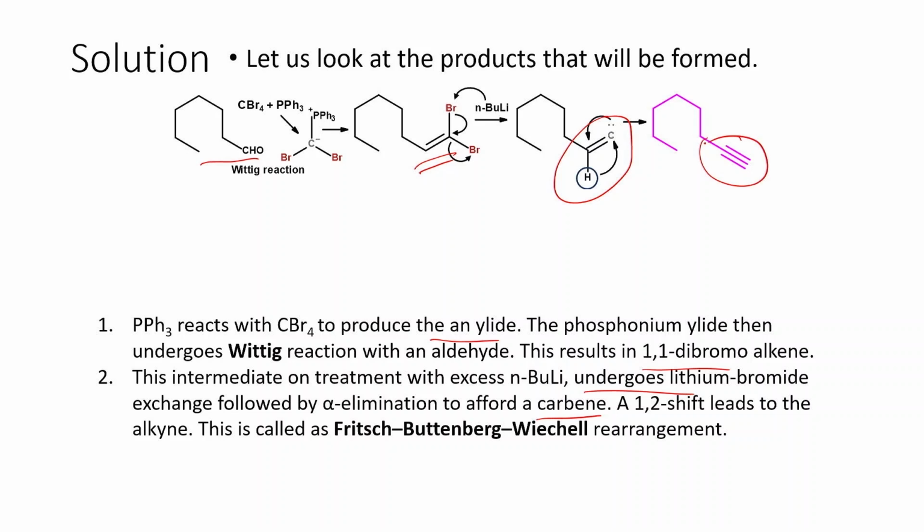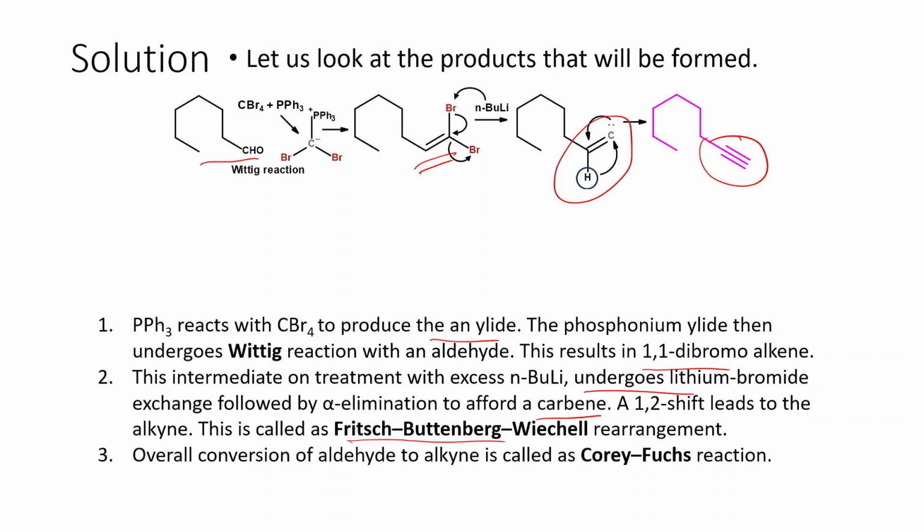So this is the overall reaction, that is a conversion of an aldehyde to an alkyne, and the rearrangement is called the Fritsch-Buttenberg-Wiechell rearrangement. The overall reaction is called the Corey-Fuchs reaction, and the rearrangement alone is called the Fritsch-Buttenberg-Wiechell rearrangement.